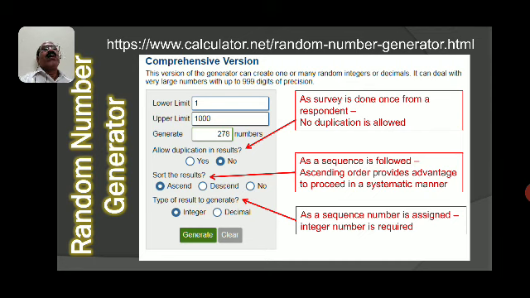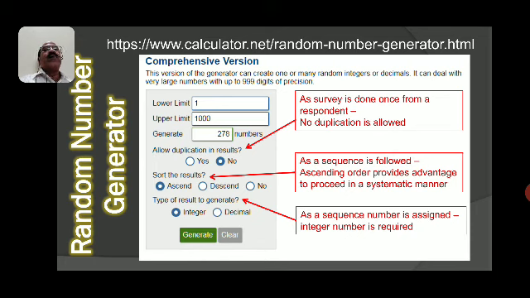Then as the sequence is followed, ascending order will give us some advantage, because we cannot have 1, 30, then 13, then 115, then 17, then 788, then 205. That's difficult to identify and select. So we will go in ascending order.